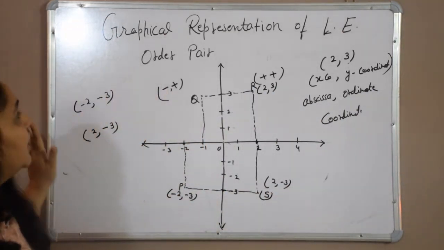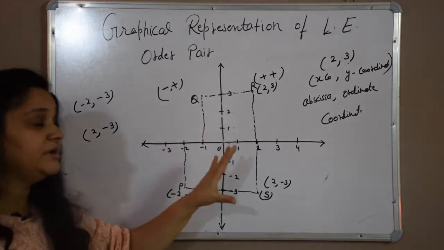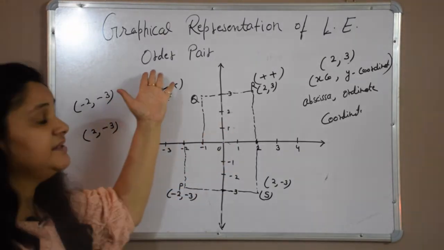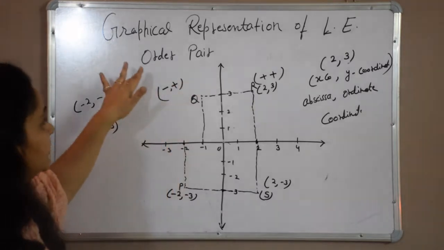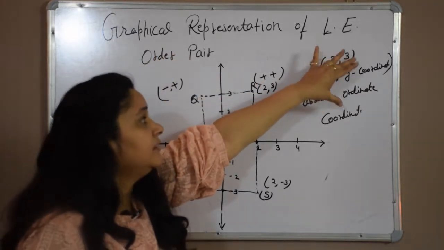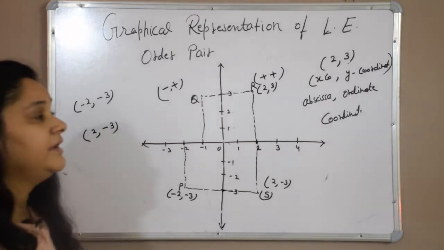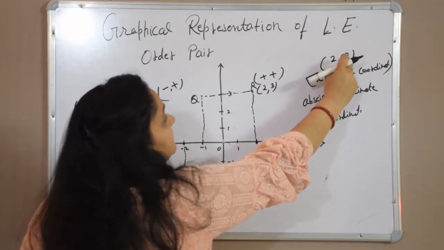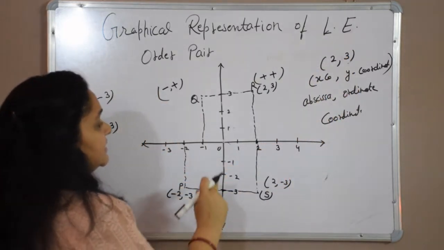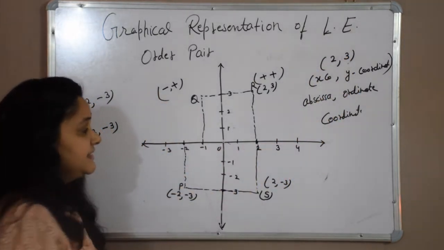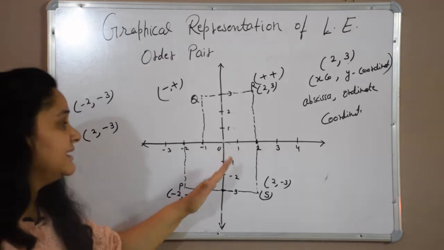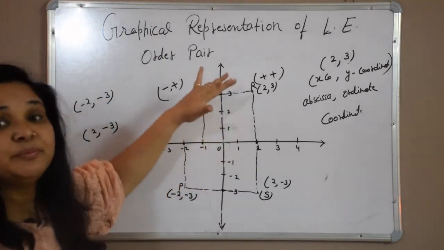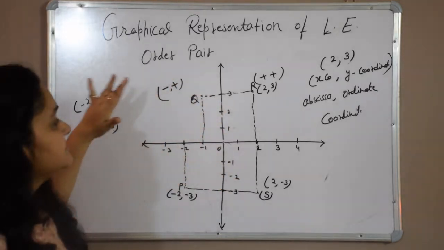So this is how we can represent any point in the coordinate system. In the coordinate system, the points are in the form of ordered pairs. An ordered pair means a pair where order is very important, and the first number we mark on the x-axis and the second number we mark on the y-axis. The point on the x-axis is a perpendicular distance from the y-axis, and the point on the y-axis is a perpendicular distance from the x-axis.